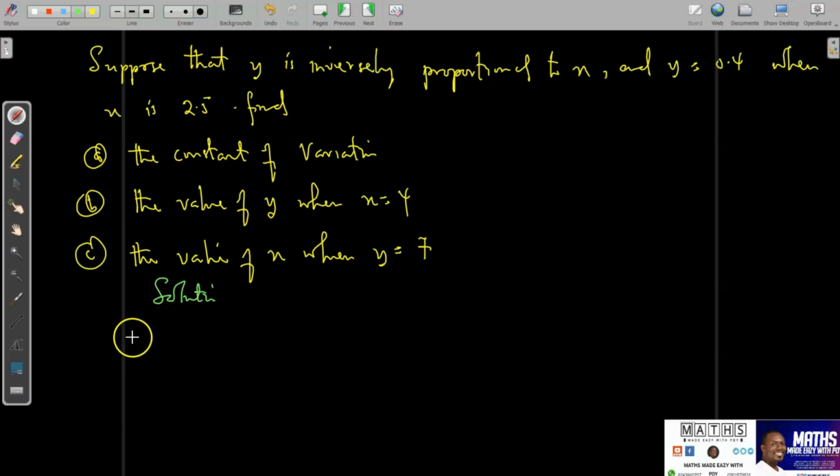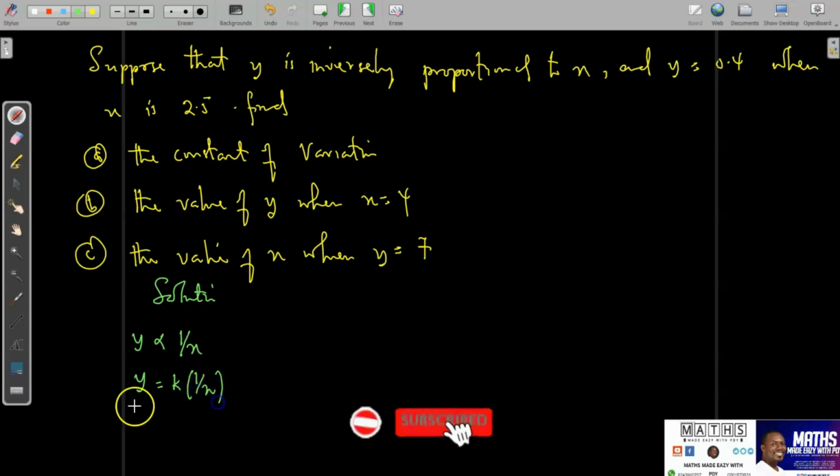Then it means we have y varying inversely, so 1 out of x. And as I said, when you're able to write a symbolic form, you should be able to change it from the symbolic state into an equation. And changing it into an equation, that's when you introduce your constant of variation or constant of proportion. So we are going to have it as y is equal to k multiplying 1 out of x, which is the same as y is equal to k on x.